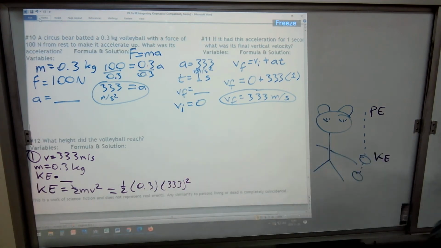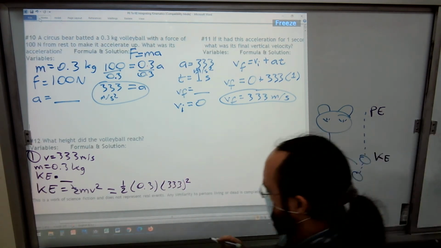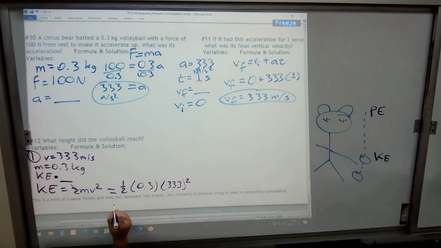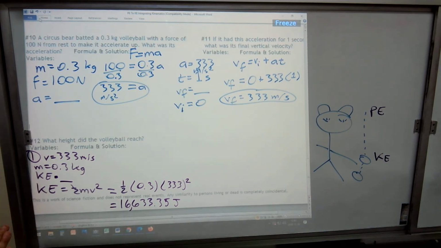That gives me a big old number. I got 16,335 joules. That's a lot. That's a lot of joules. 16,000 joules. Okay, that's my kinetic energy.